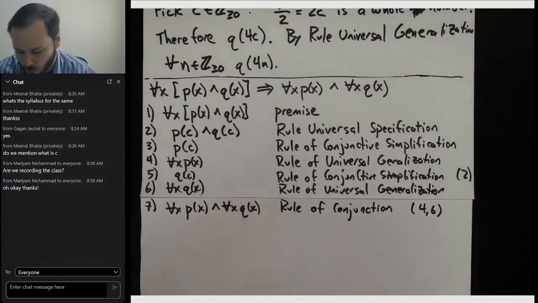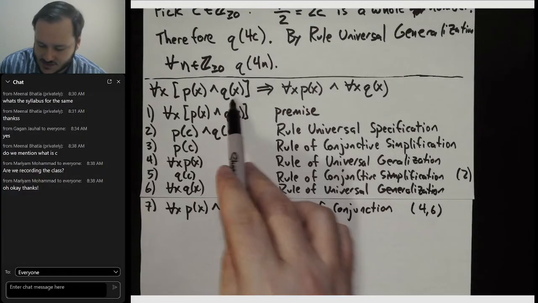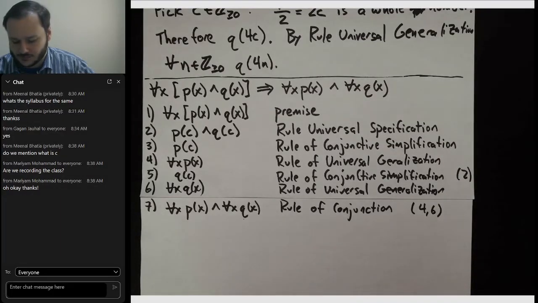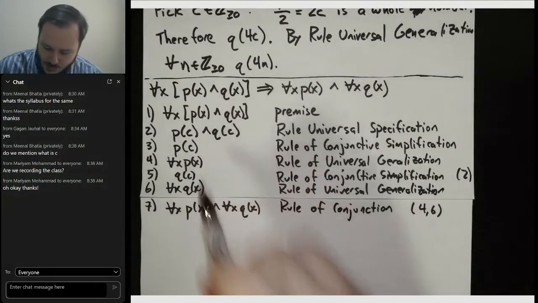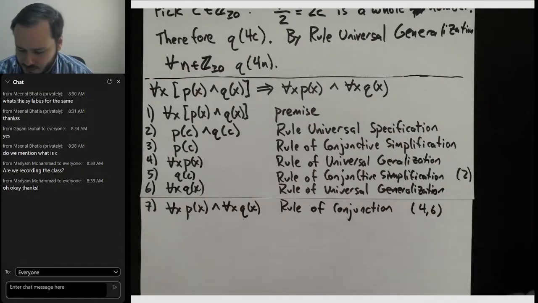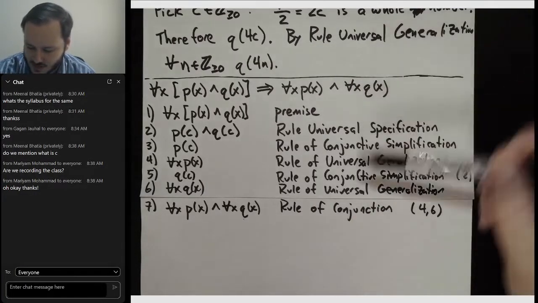Here is my formal proof of this logical implication. Each step has a justification of where it came from using one of my rules. And both of these count as proofs.